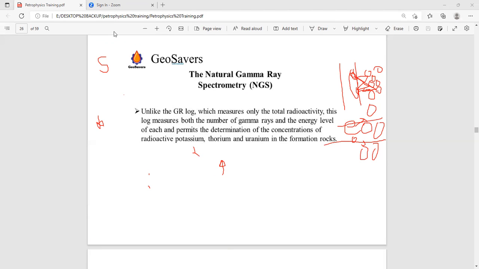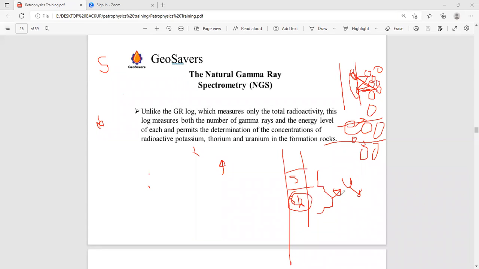Because if this is my sandstone, for example, and this is my shale, I expect that my gamma ray should be low here. And then when I get to the shale, I have a high gamma ray. Why is this reading high? Because of high uranium. And this high uranium is due to what? It is due to organic matter that is found in shale.